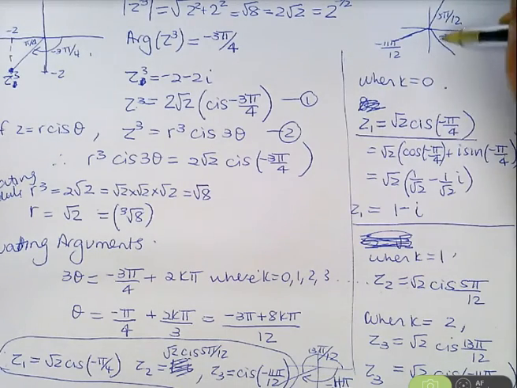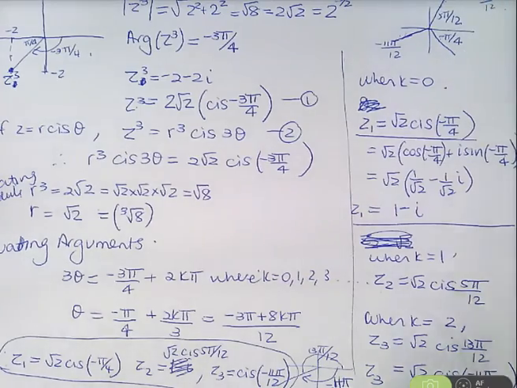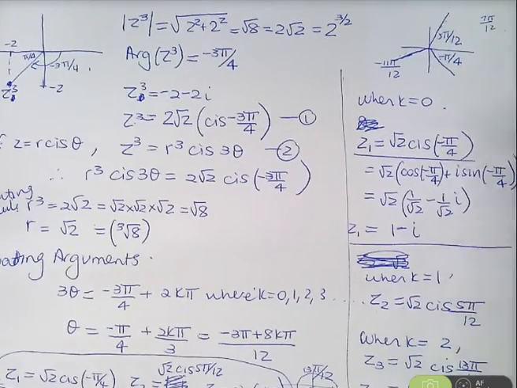Now, if we do the difference between those three, 5 pi on 12 is really 13 pi on 12 going around, so the difference is 5 and 13. That's 8 pi on 12 separation, sorry.